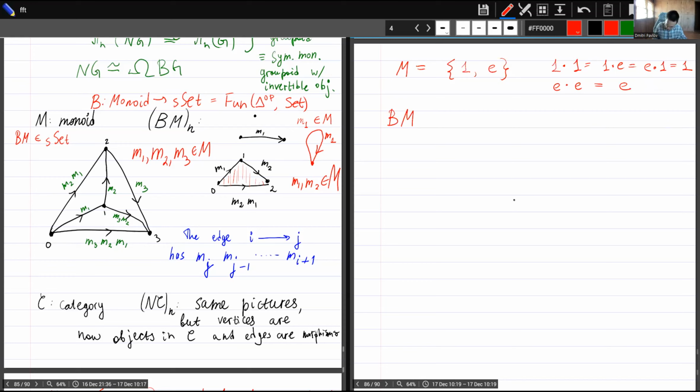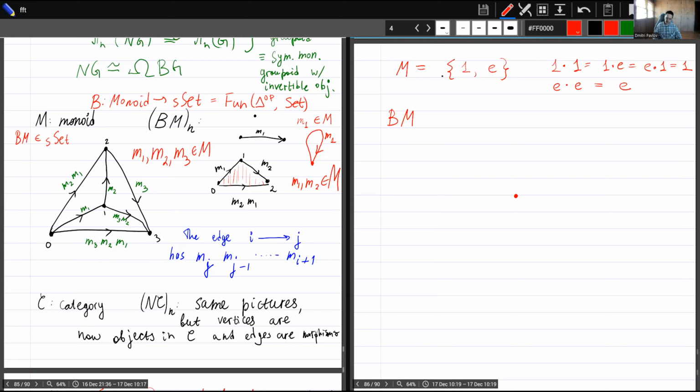Well, according to what we said before, BM has a single vertex. Now, for every element in capital M, I'm going to have a one simplex. So there are two one simplices in the picture.